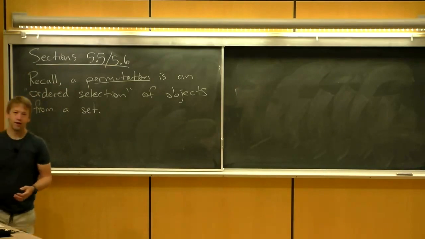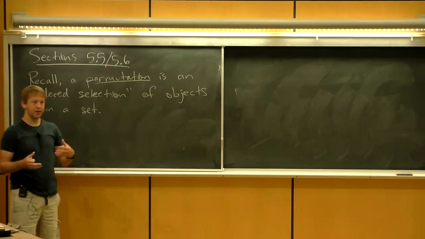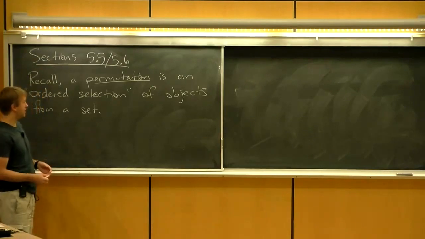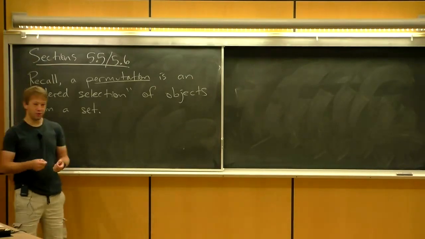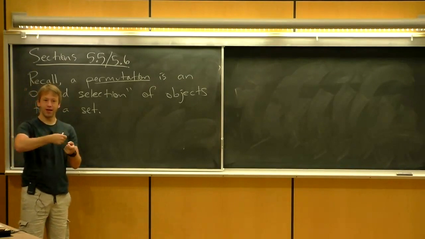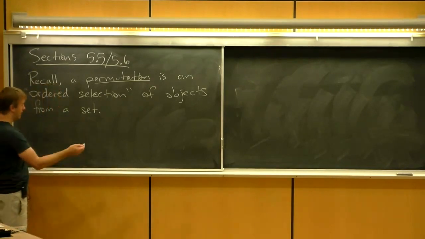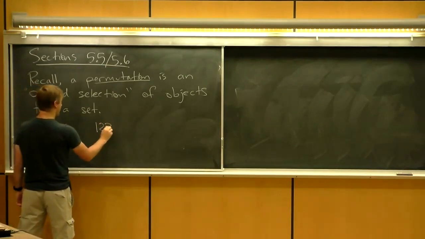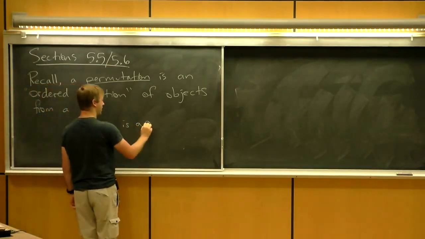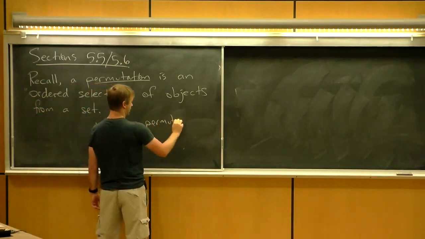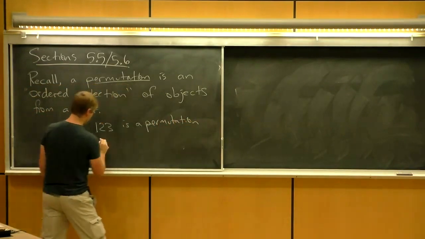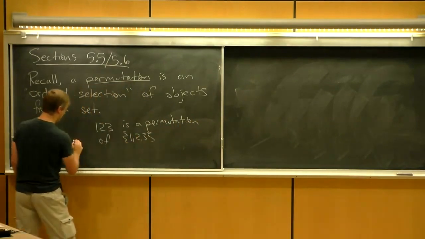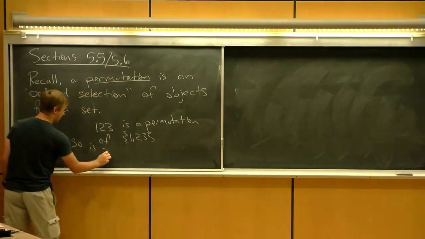So basically, a permutation, you've got a set of objects, and you choose some of them in order. So, if I take 1, 2, 3, that is a permutation of the set 1, 2, 3, and so is 3, 2, 1.